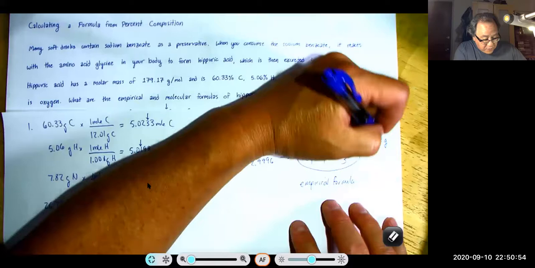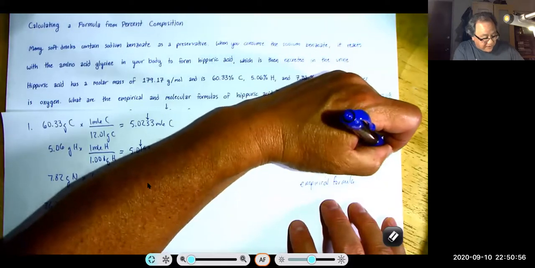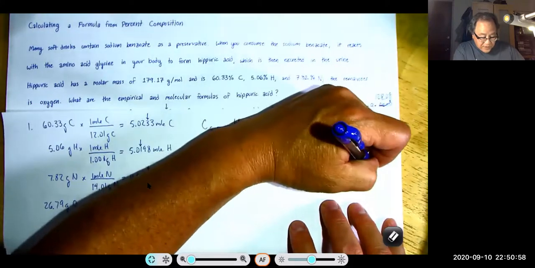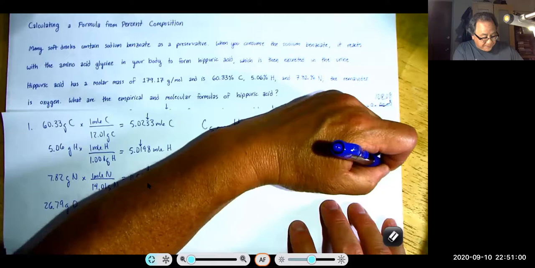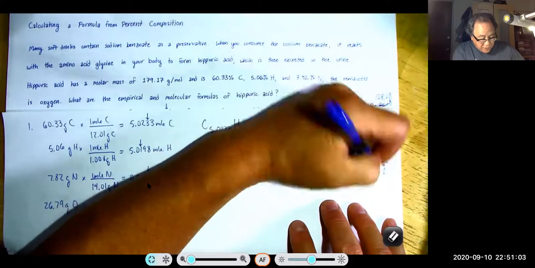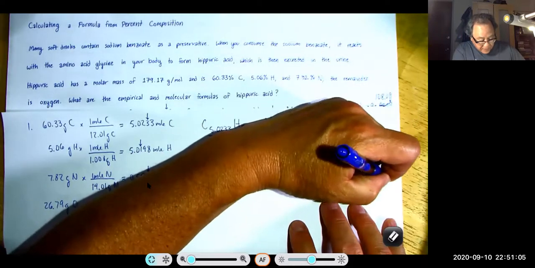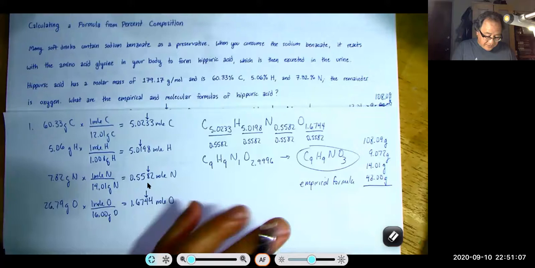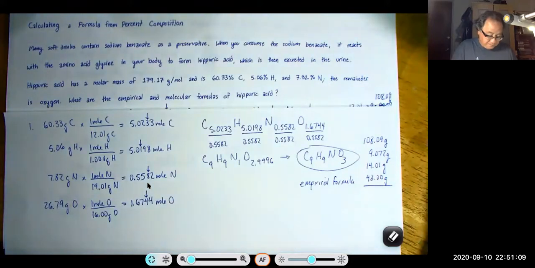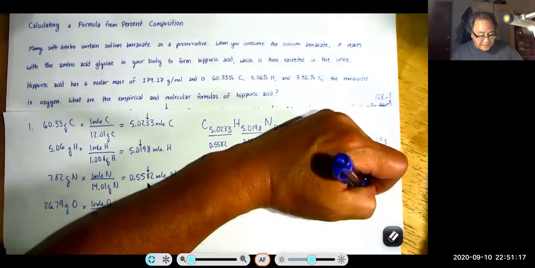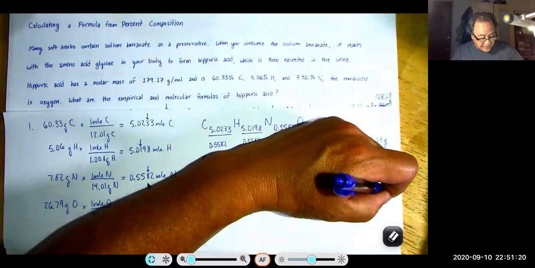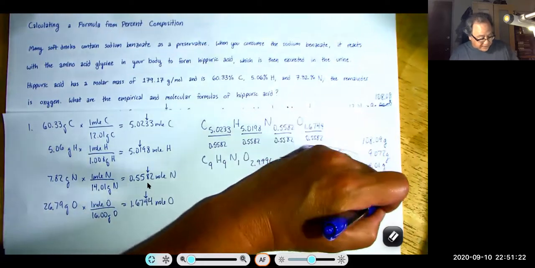We have 9.072 grams of hydrogen, 14.0 grams of nitrogen, and for the oxygen, 48.00 grams. We add these all up together. And we get 179.172 grams. And that's good to write here.